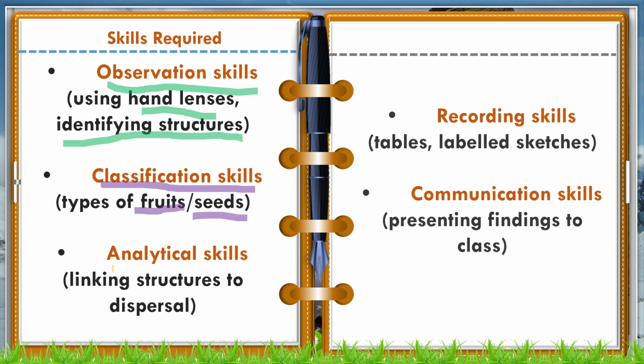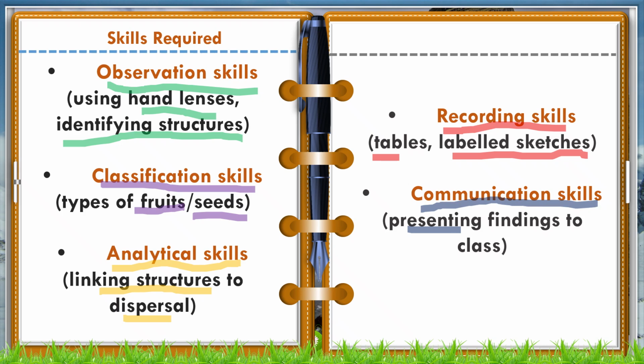There is the analytical skill, whereby you are linking the structures to dispersal. There is the recording skill, the tables and labeled sketches, and the communication skills, presenting your findings to the class.